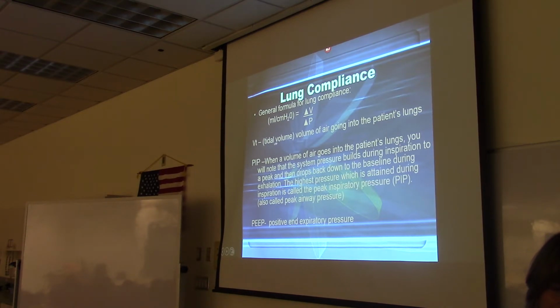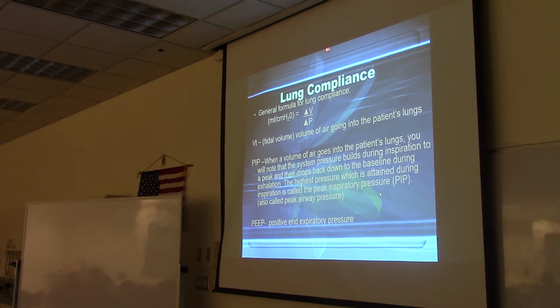VT, or tidal volume, is the volume of air going into the patient's lungs. PIP. When a volume of air goes into the patient's lungs, you will note that the system pressure builds during inspiration to a peak, and then it drops back down to baseline during exhalation.